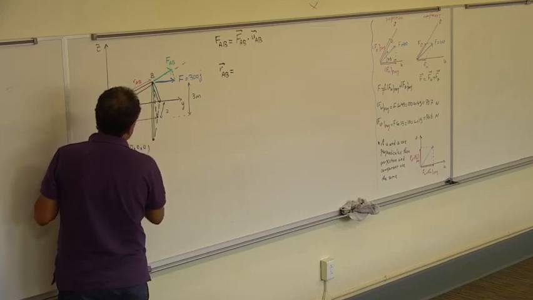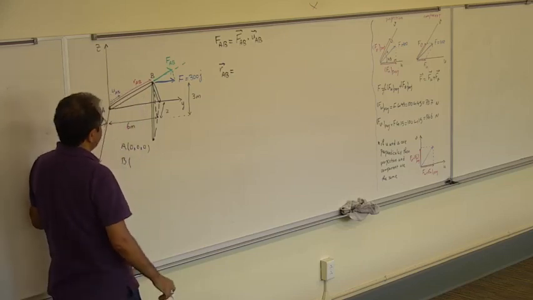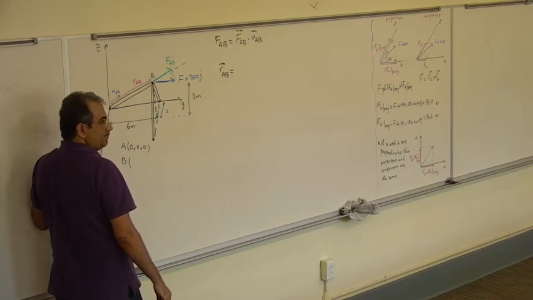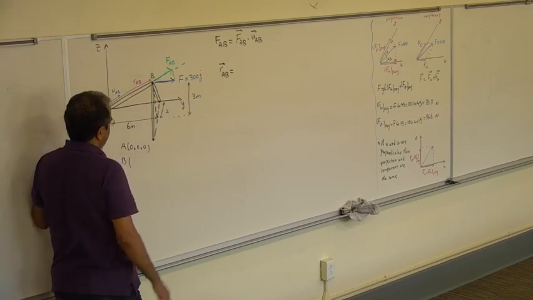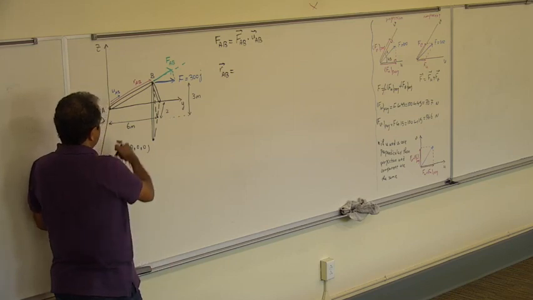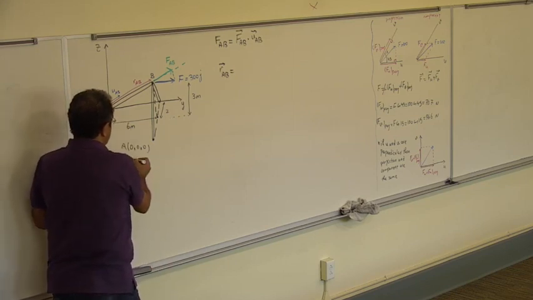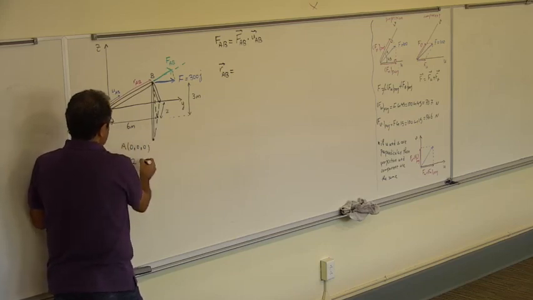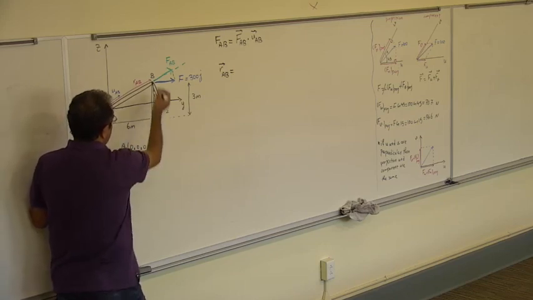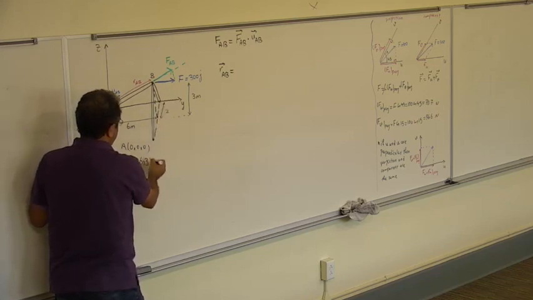What's the B coordinate? The X is 2, the Y is 6, and the height is 3.